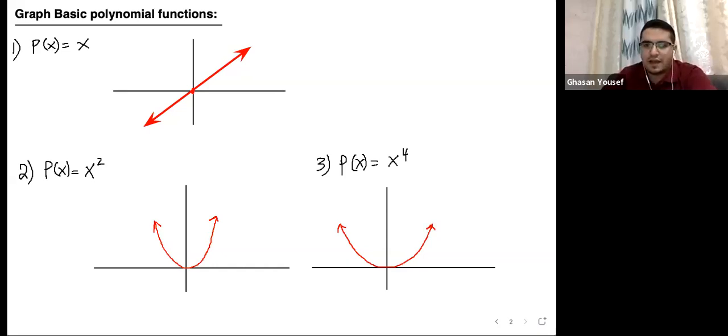The same thing holds for p of x equal x to the power 6. This means any function of this form, p of x equal x to the power n, where n is an even number.